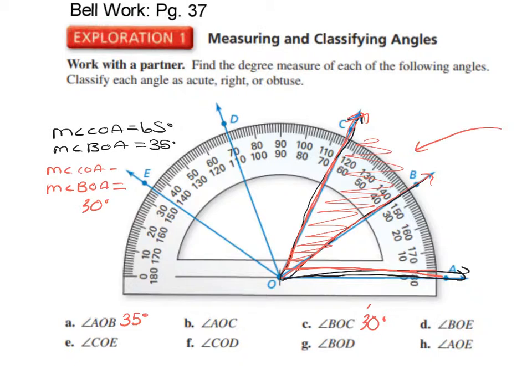Anyone? What did you get for letter E? Yes. 80 degrees, right. And you can apply that same logic to COE. If I look at COE, again, that's an angle that is not the easiest to read, but it's a subtraction problem again.